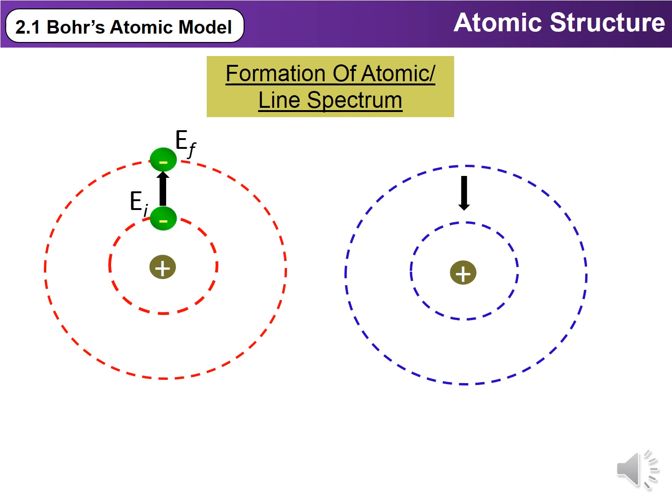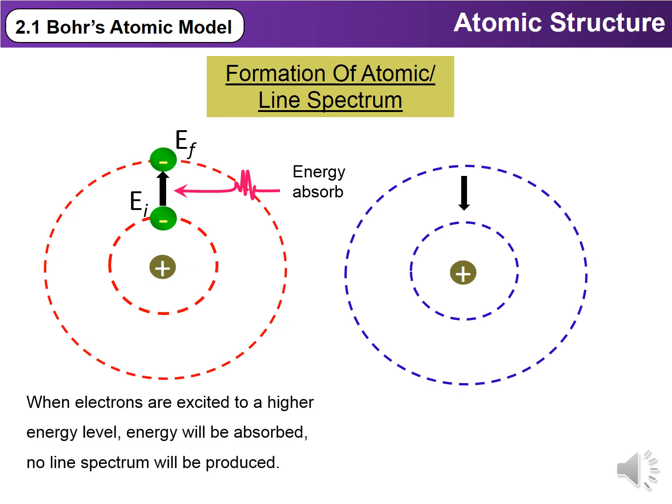So formation of line: from n initial to final, energy is absorbed, and when the electron goes from higher level to lower level, energy is released. In this diagram on the right, energy is released. Why is it released? Higher level to lower level.